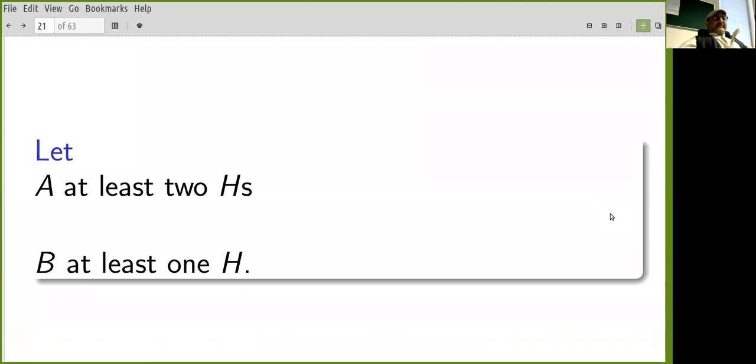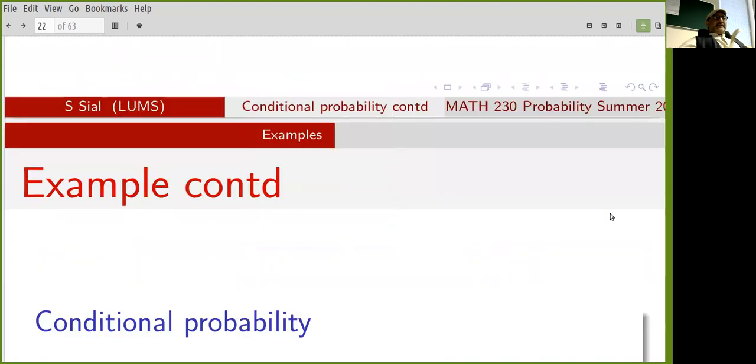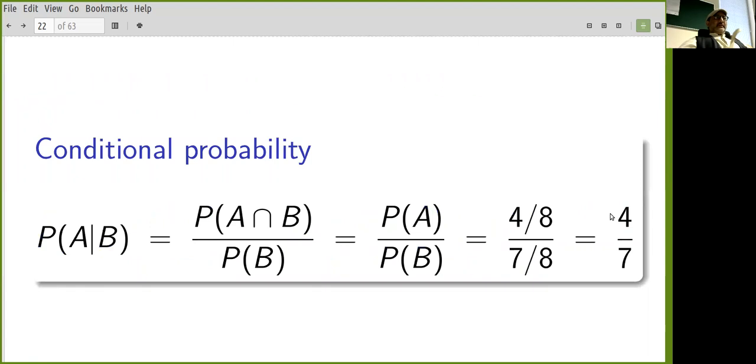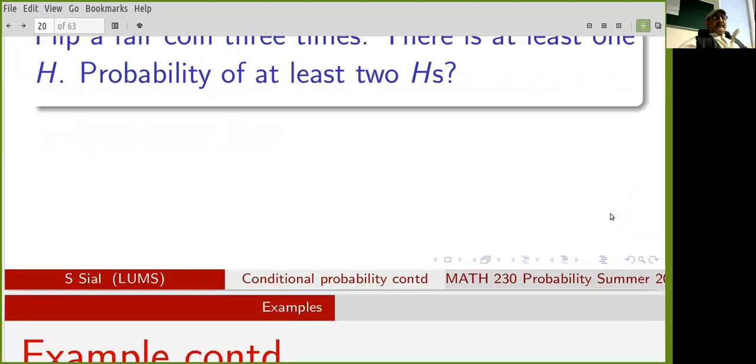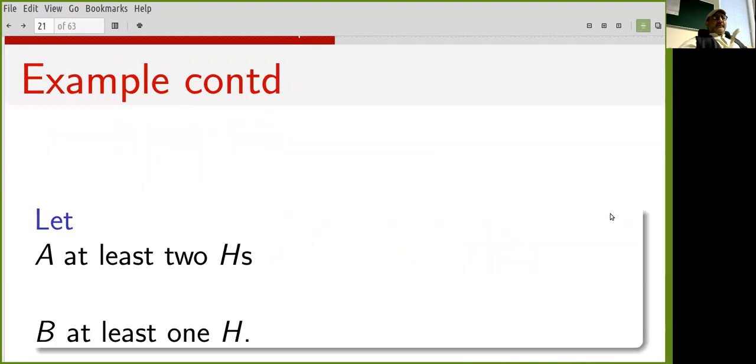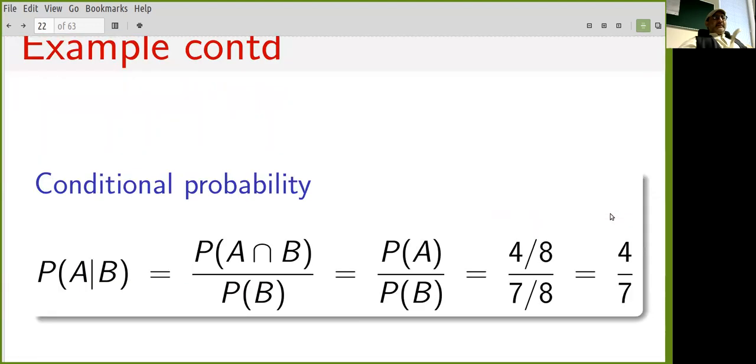So let A be the event of at least 2 H's. Let B be the event of at least 1 H. If we want the probability that you have at least 2 H's, given that you have at least 1 H, that's by definition the probability of A intersection B divided by the probability of B. Now let's think about this intersection for a second.